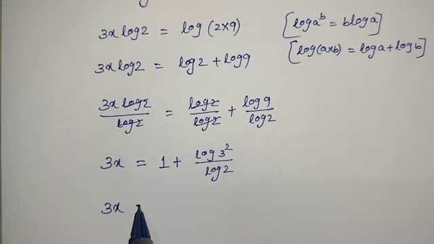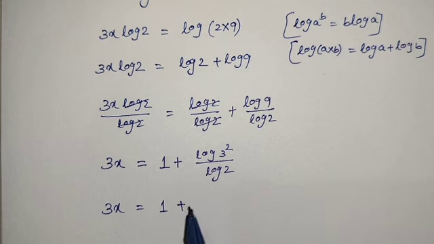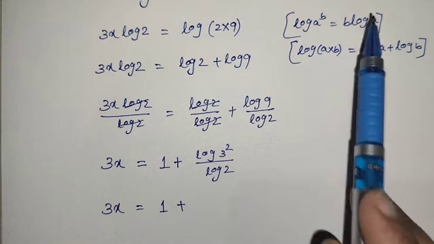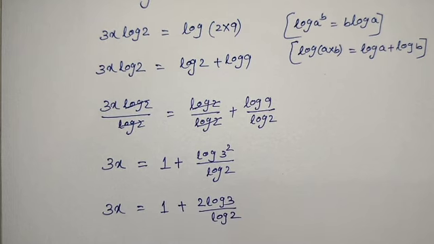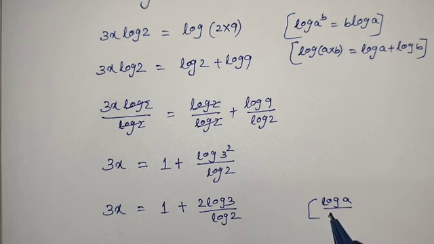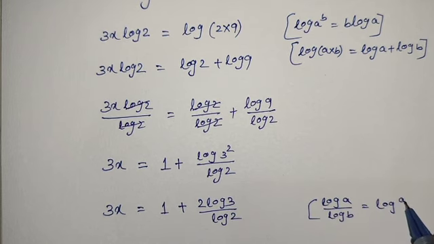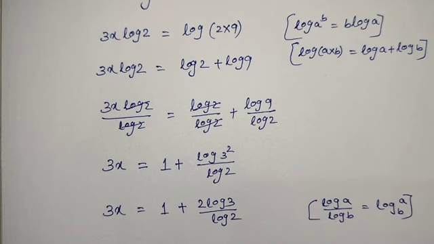Then 3x is equal to 1 plus, here we apply this, 2 log 3 by log 2. Then log a by log b is equal to log a base b.